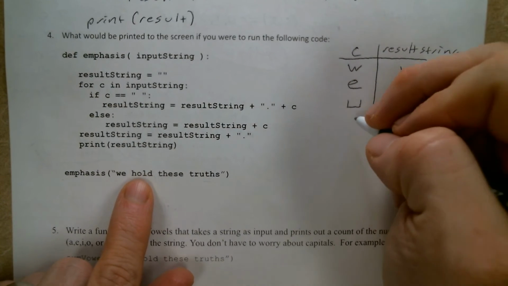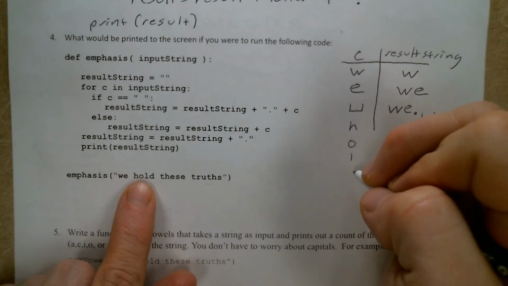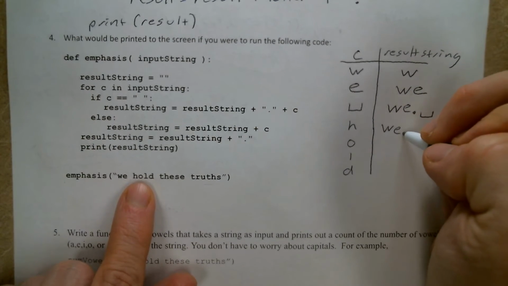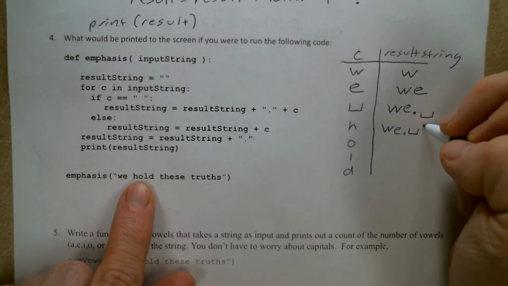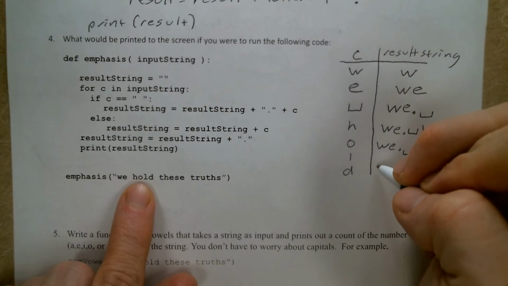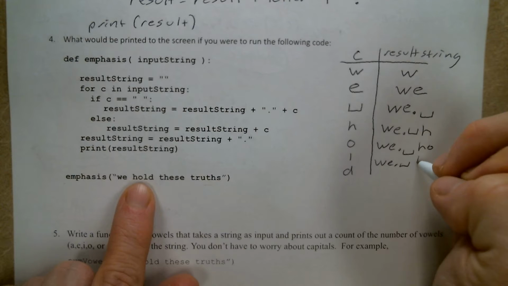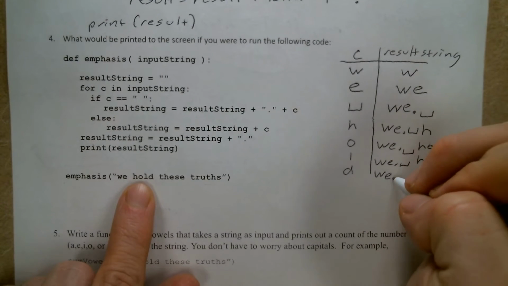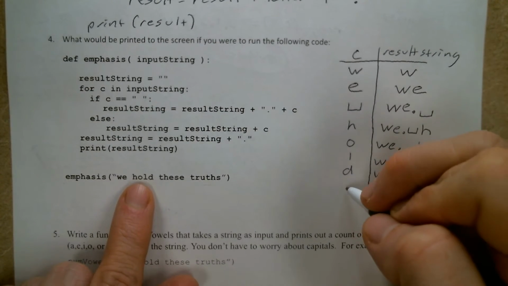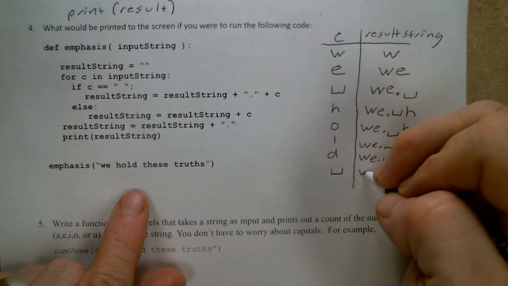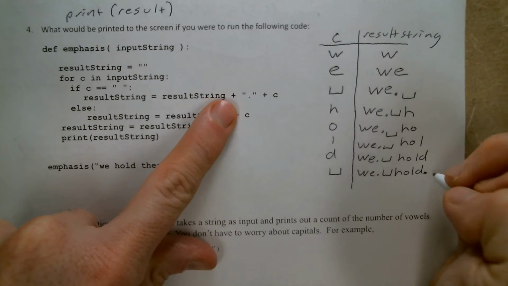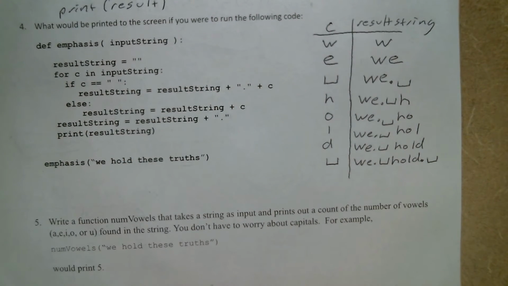Then we're going to go through H, O, L, and D. So we're going to get WE, and then none of these are spaces, so they're just going to slowly build up our string. So again, that's HO, then HOL, then HOLD. And now finally we get to our next space, and we can see that it's going to put the period first and then make another space.